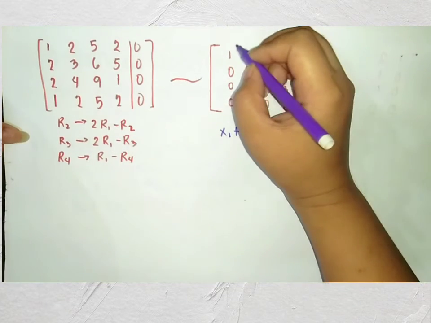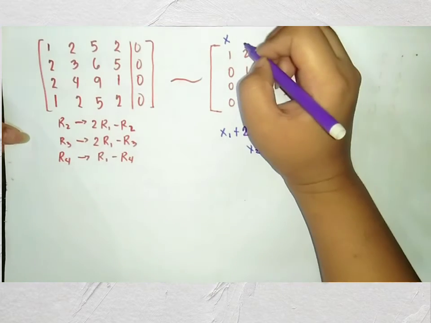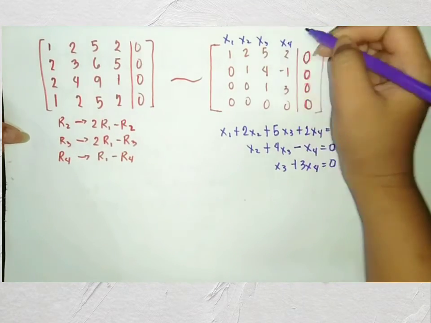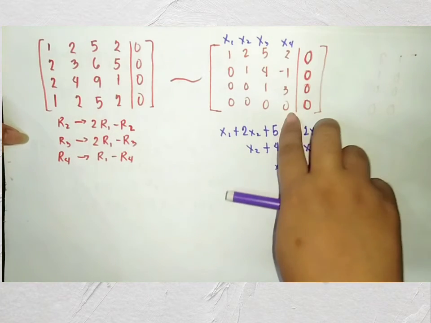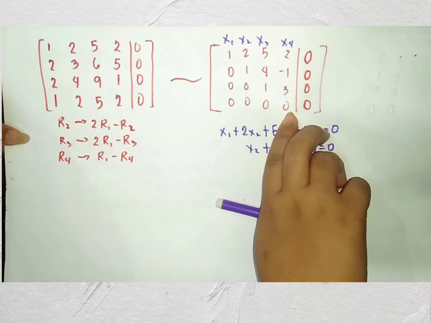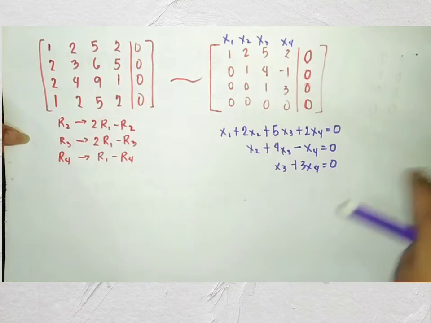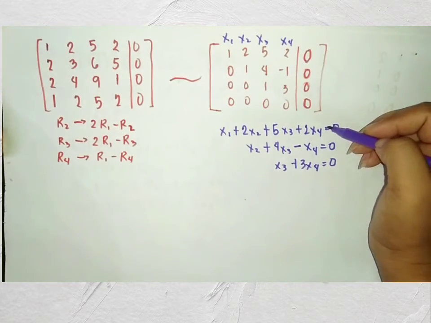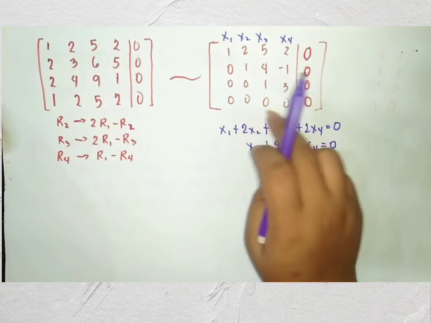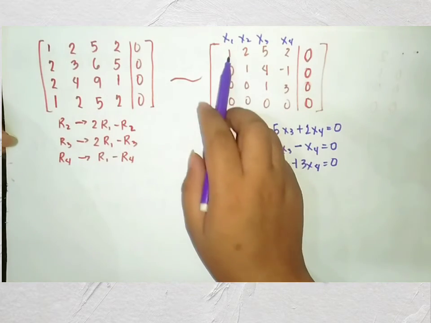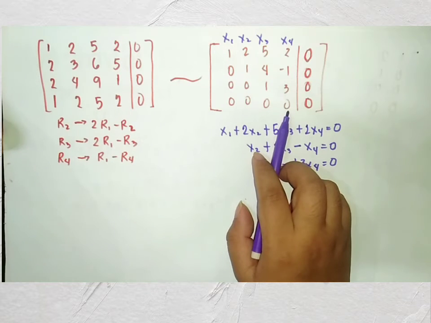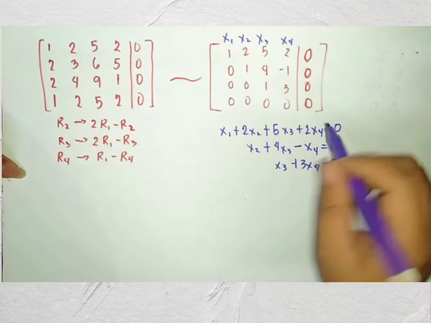So, imagine na ito yung ating x sub 1, x sub 2, x sub 3, and x sub 4. So, yung x sub 4 natin is a free variable or called na non-pivot columns. And itong x sub 1, 2, and 3 is a pivot columns dahil meron siyang pivot. So, ito dahil wala siyang pivot, so non-pivot column siya. And mas kilala siya na free variables.